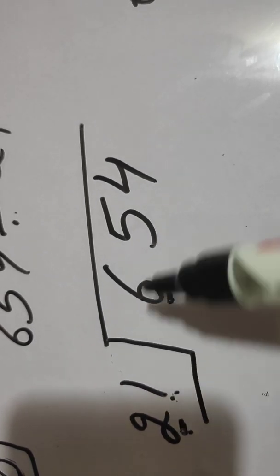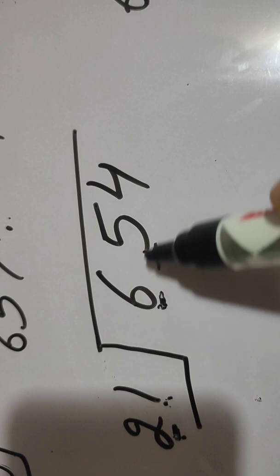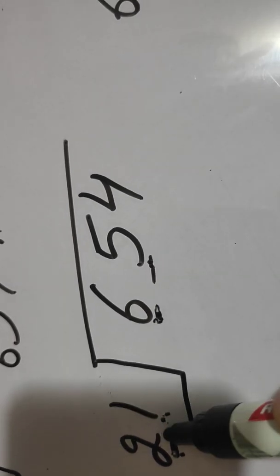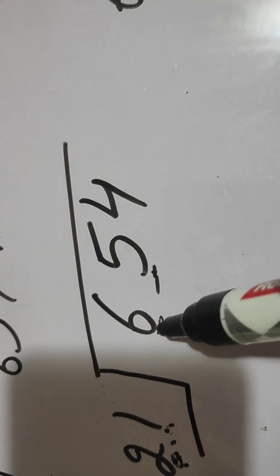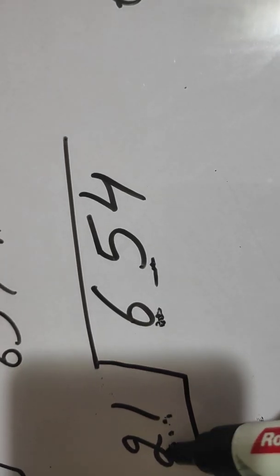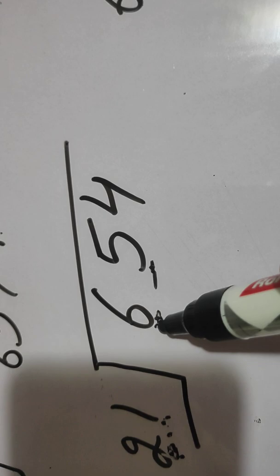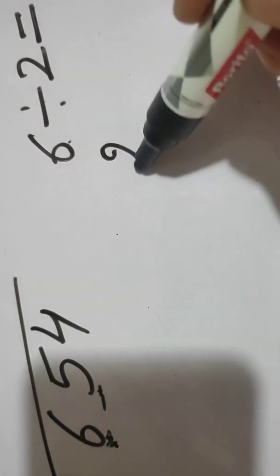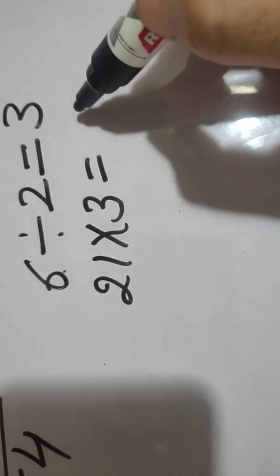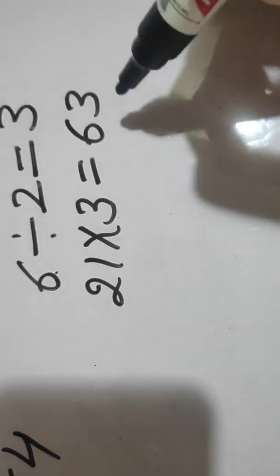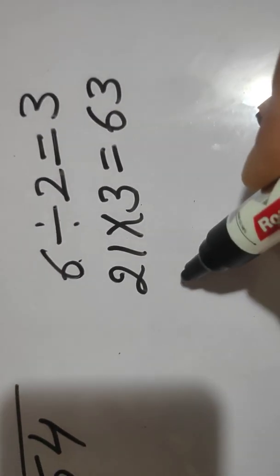Here there are 2 digits in the divisor, so in the dividend also we will take 2 digits. So 21's first 2, 6 we have divided by 2, 2 3s are 6, table goes on 3s. So now 21 we will multiply by 3 and check whether it is right or wrong. 3 ones are 3, 3 twos are 6. It is 63.